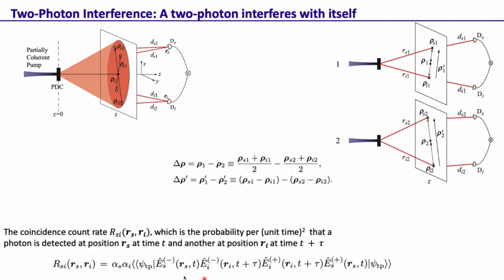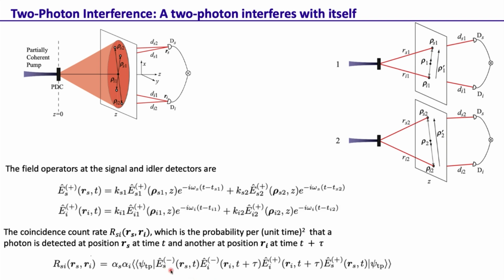The first average is the expectation value of this field operator, and the second one is the ensemble average over those expectation values when the state psi Tp is not pure, when it is mixed, and that's when we need to do a second average. Okay, so the electric field operators: Es is the electric field operator at the signal detector, and Ei is the electric field operator at the idler detector.